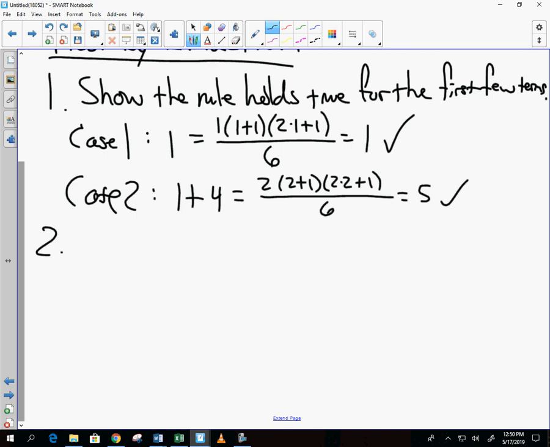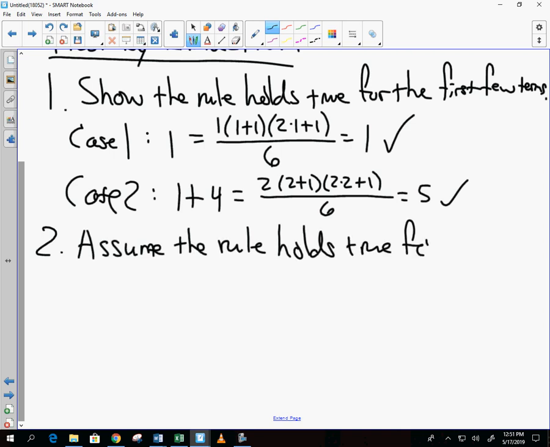Then either you made a mistake or the rule is wrong. If you show a counterexample, then you've proven it false. You've said your claim is false. All right, assume the rule holds true for case what?